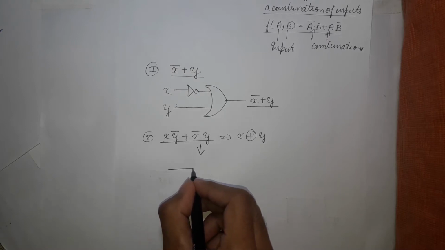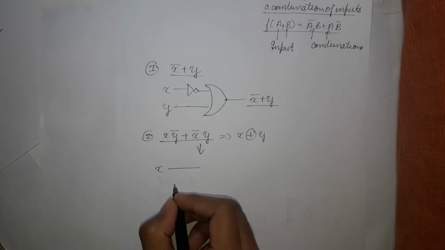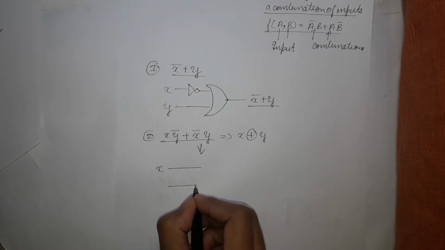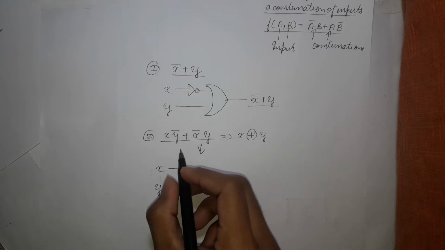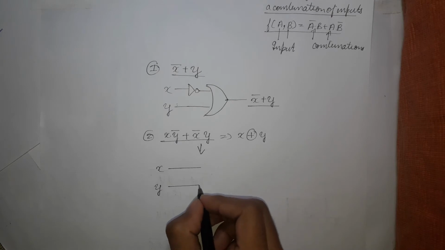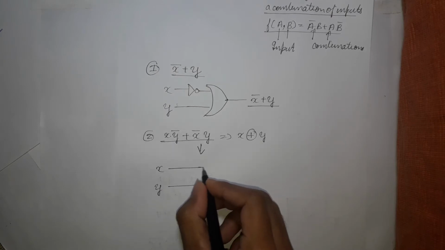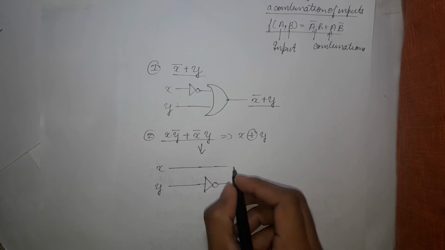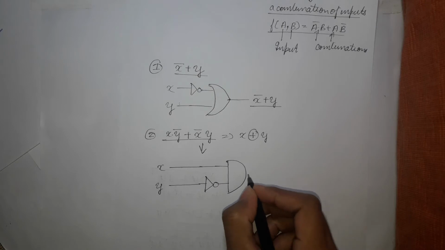First one is x, and the next is y. Now first we want x dot y bar, that means the NOT gate in front of y. Now the ANDing of these two.